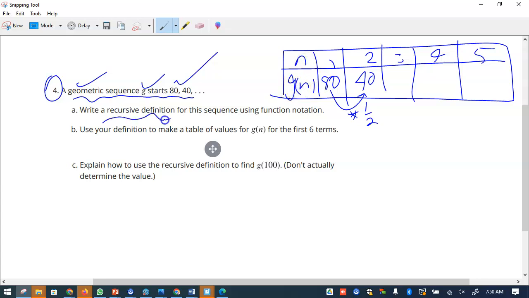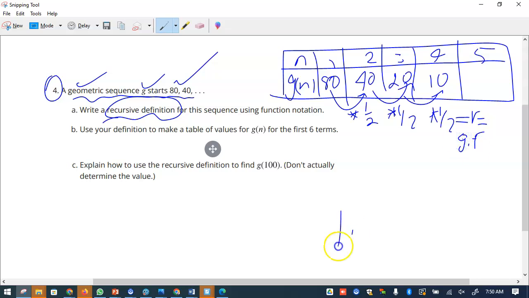So two things you're supposed to write: first, the recursive definition. You multiply one more half, you get 20, and one more half. So every time you multiply by half, and that's the common ratio or growth factor. But then what is the recursive formula?